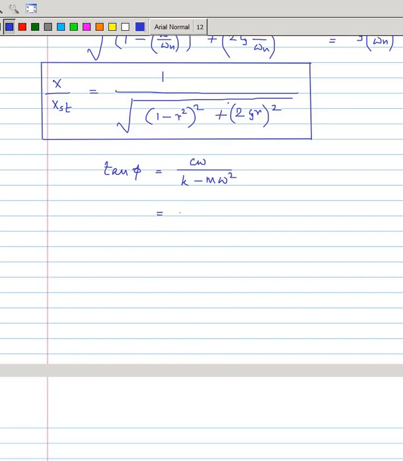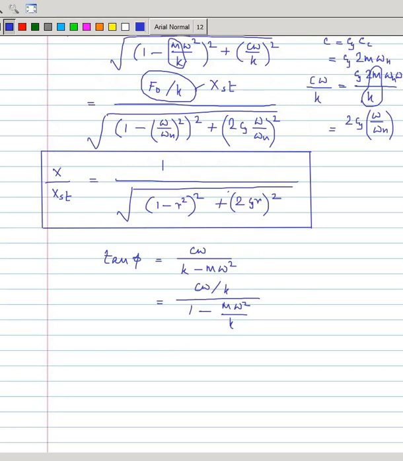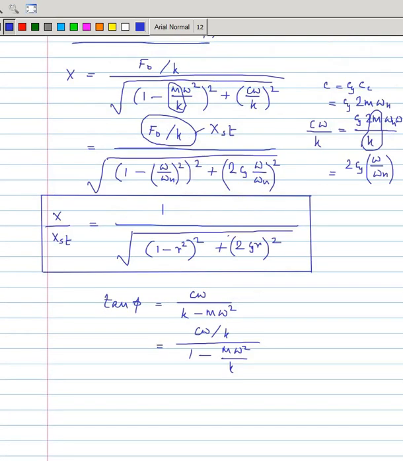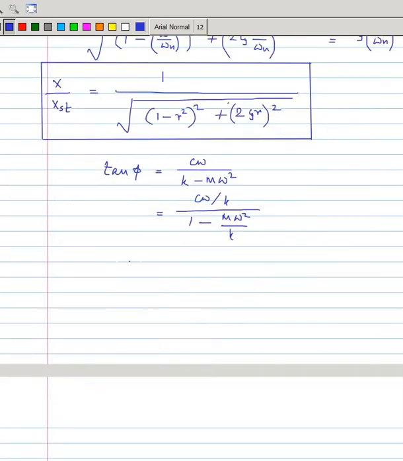Again you divide by k, so this is c omega by k, and here m omega square by k, so k by m is omega n square, and c omega by k we have already seen is twice xi omega by omega n.